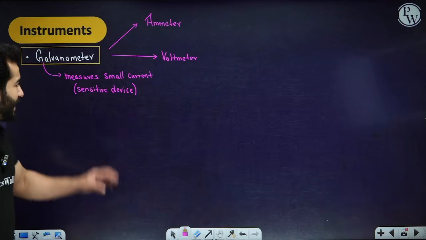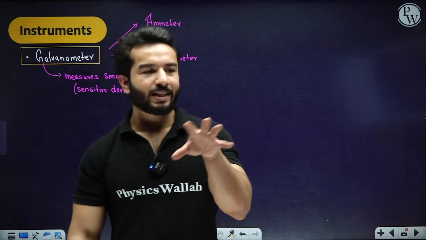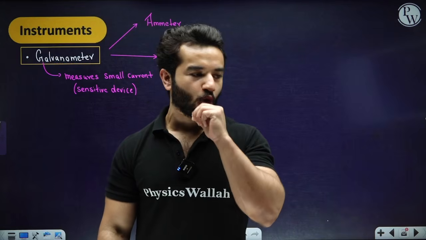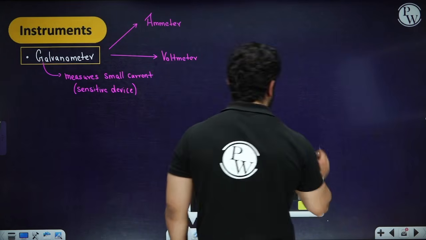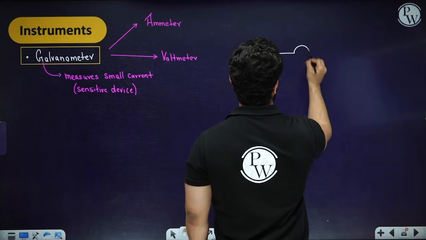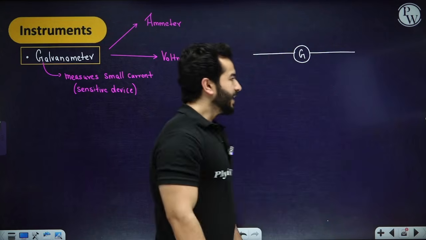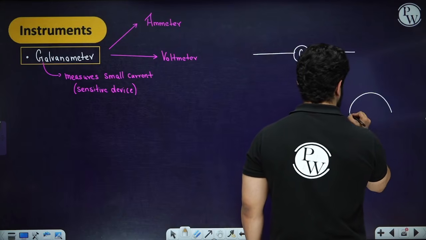Since it is a very sensitive device, I'm explaining this so that you can understand how to solve the problems. Let's suppose we have a galvanometer, something like this. In reality, it would look somewhat like this. You must have seen it in your schools.